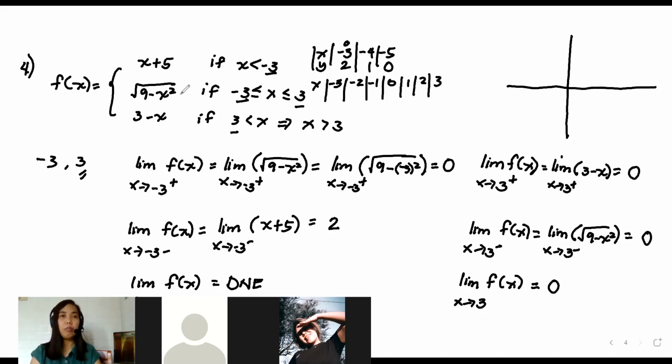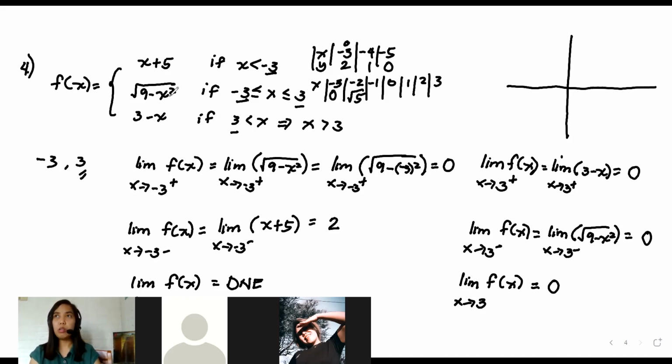So here we have negative 3 squared, it's 9. So this is 0. This is 4. 9 minus 4, 5. So we have square root of 5.